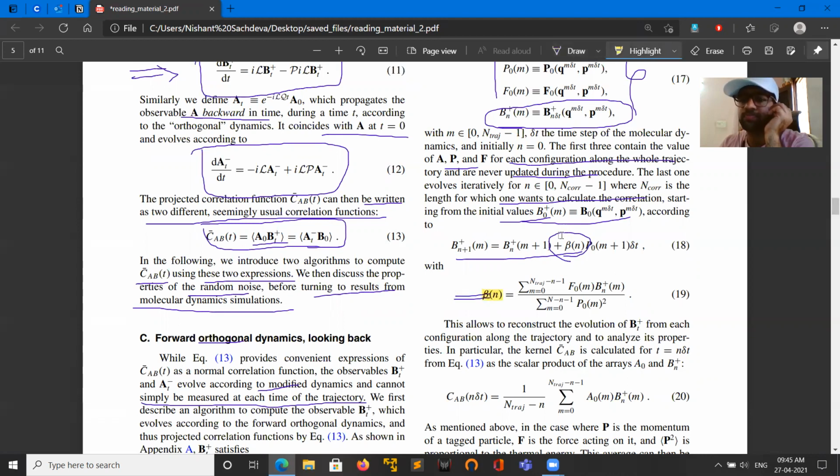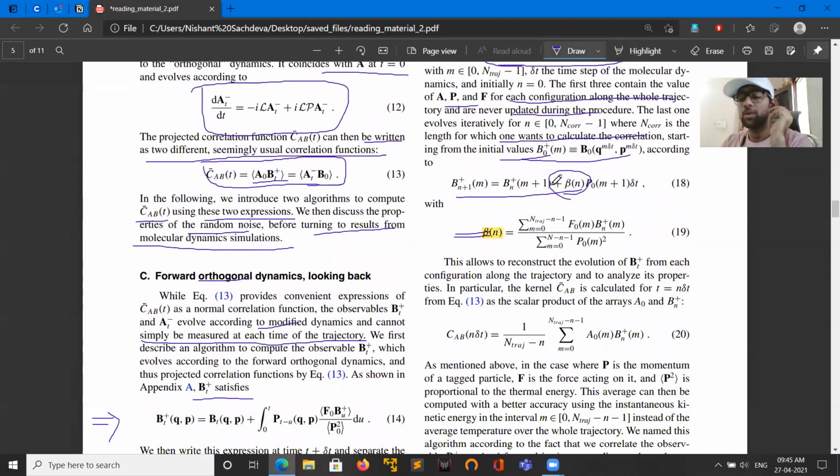Just do this thing here. Doing all this allows us to reconstruct the evolution of BT plus from each configuration along the trajectory. So now we're not taking a full whole picture view, we are doing it for each configuration along the trajectory. And it allows us to analyze its properties.